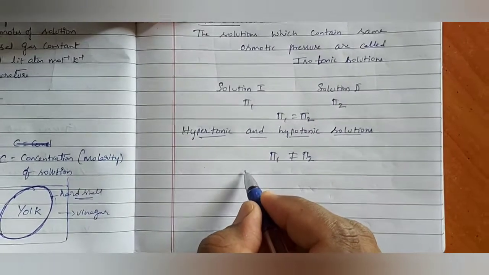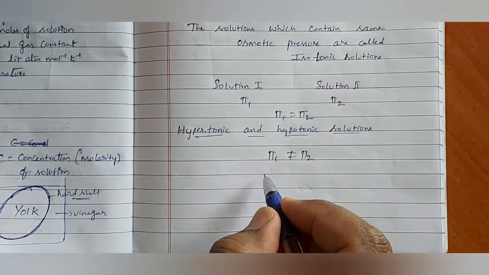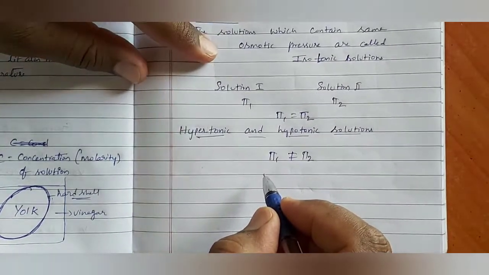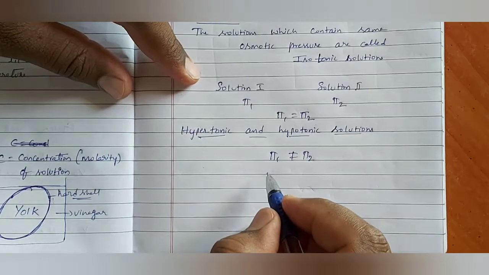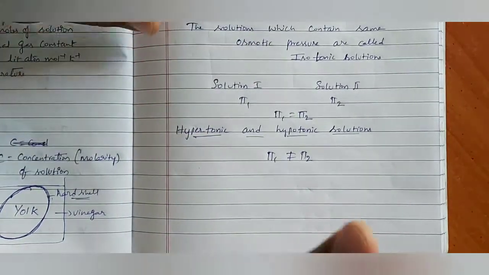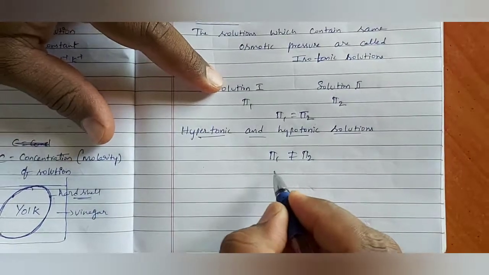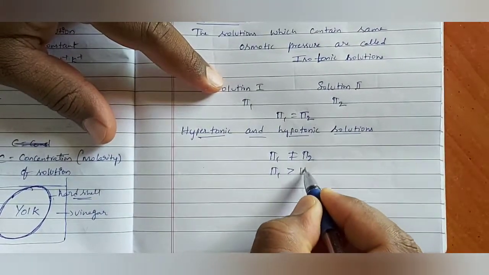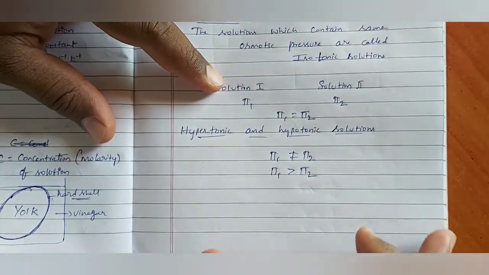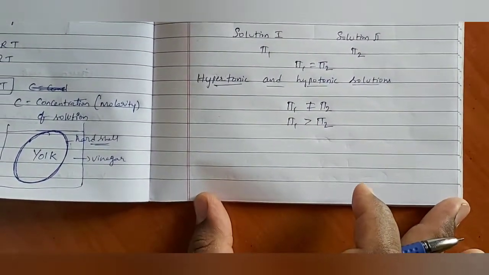In that condition, definitely one solution osmotic pressure is greater than another solution osmotic pressure. Whether it is pi 1 is less than pi 2 or pi 1 is greater than pi 2, anyone is okay. Now I am considering that, for example, pi 1 is greater than pi 2. When pi 1 is not equal to pi 2, definitely one is greater than another one.